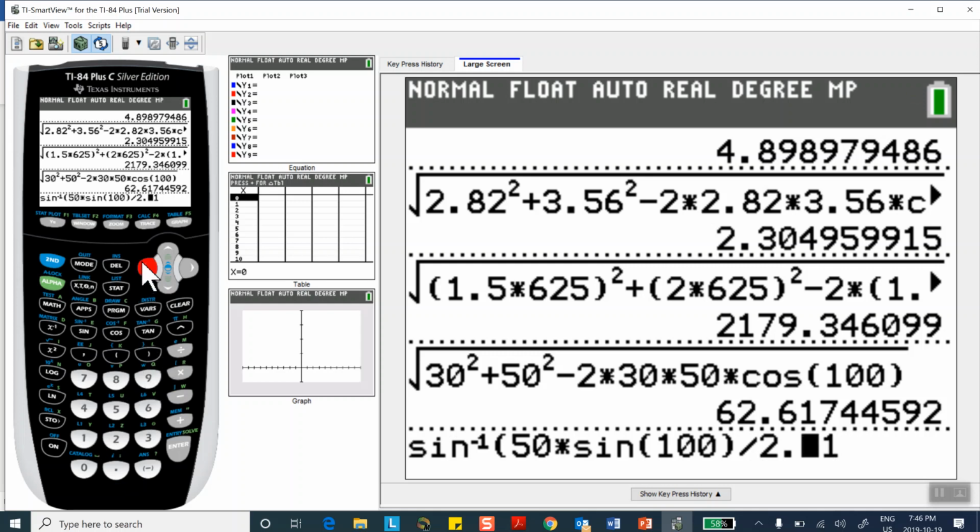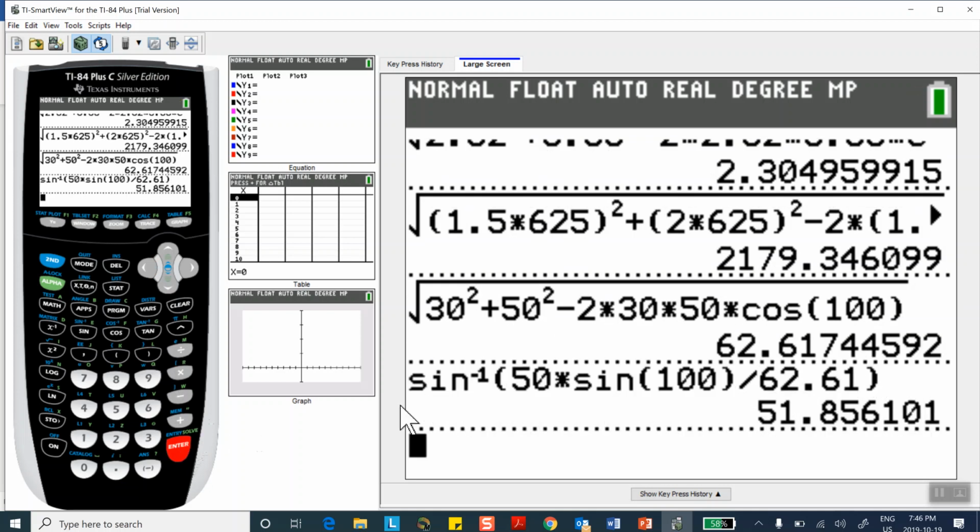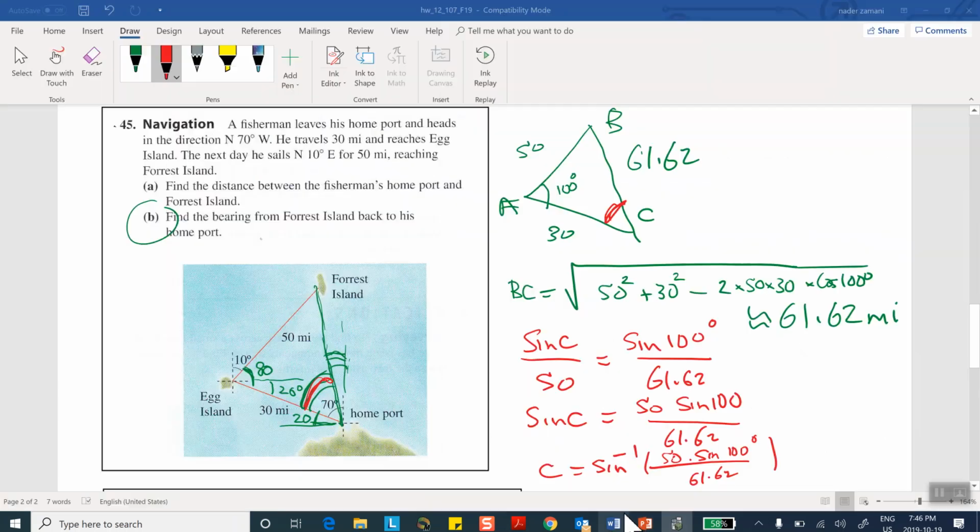It's not correct. 62.61. Now close it and enter. 51.85. So this angle came out to be 51.85.